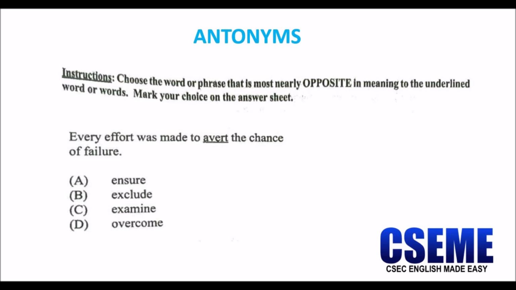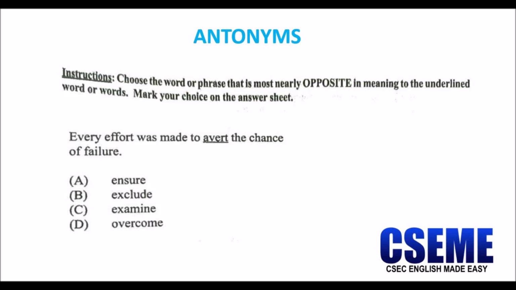I'm going to say, oh, so they did everything they could do to not fail, right? So I am thinking to myself that the word avert means that they're going to try as much as possible not to fail. That's not the full meaning of the word avert.